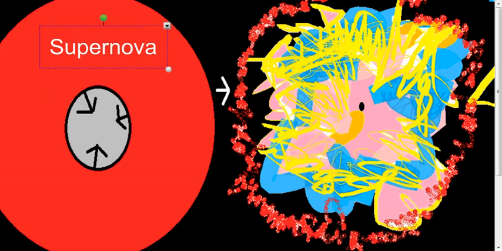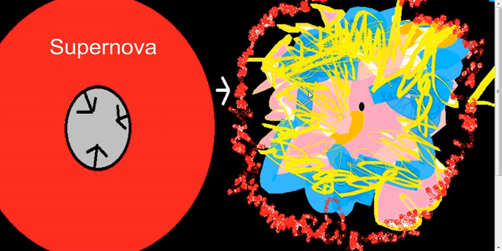Now, a supernova is when a big star, after its core runs out of hydrogen and is predominantly iron, stops fusing, and the core collapses in upon itself. And when it's done collapsing, for some reason it pops and blows up on itself.